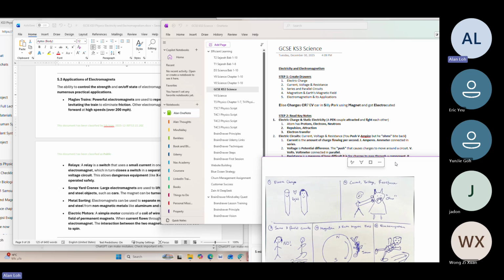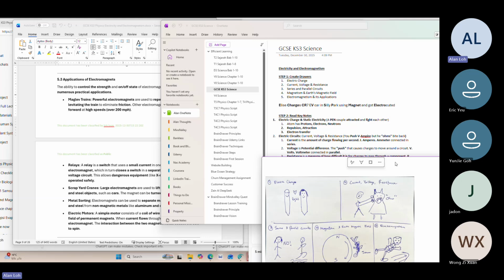So from there, you're able to explain first what is voltage, what is current, what is resistance, exactly as what Yunjie explained just now. Then if you want to go a bit more detail, you can tell about the units used for each of them: ampere, volt, and ohm.